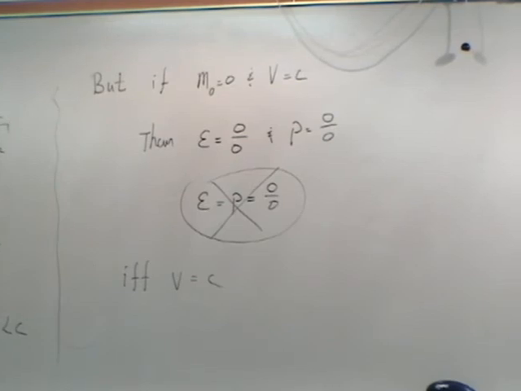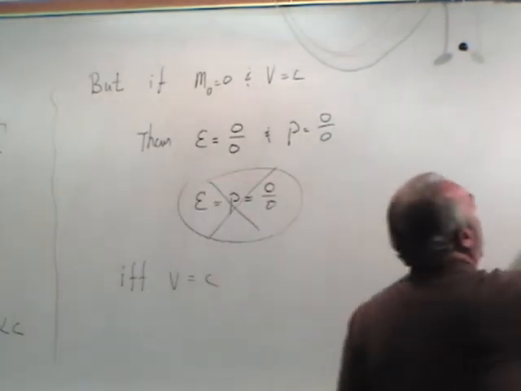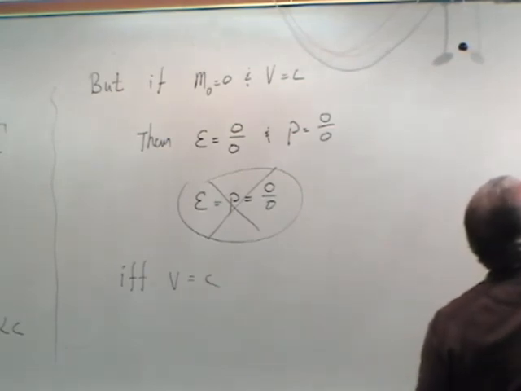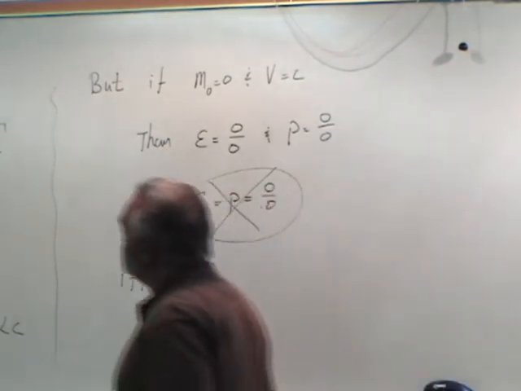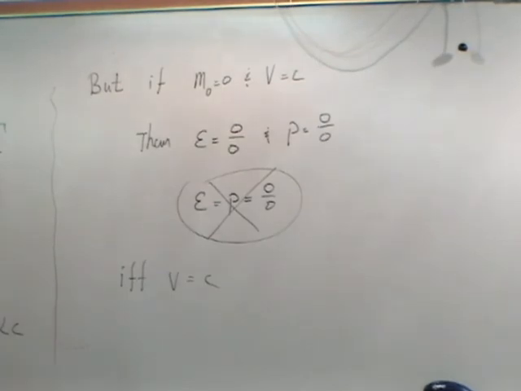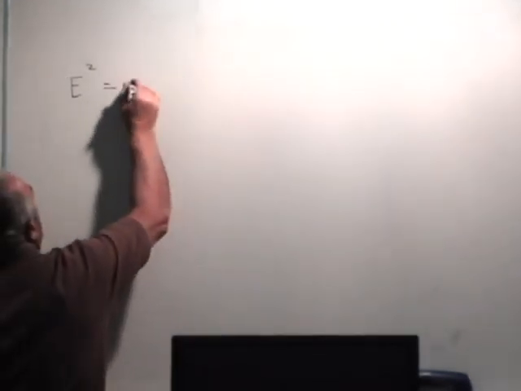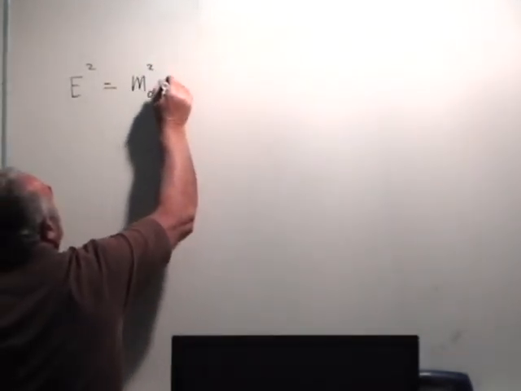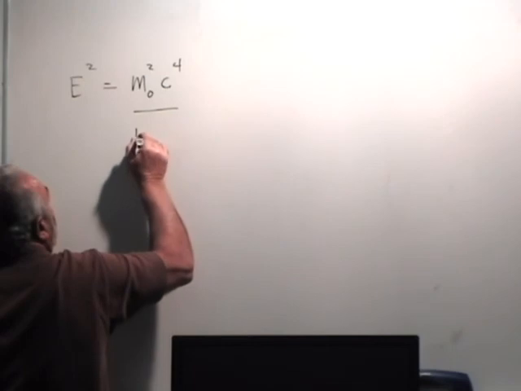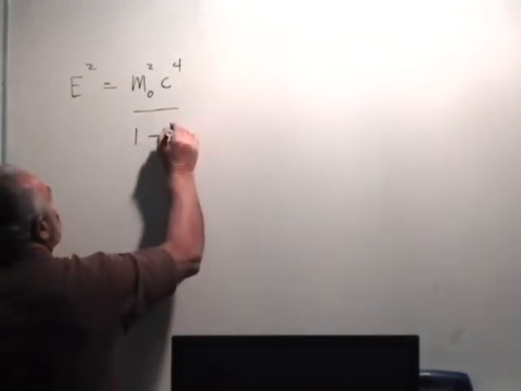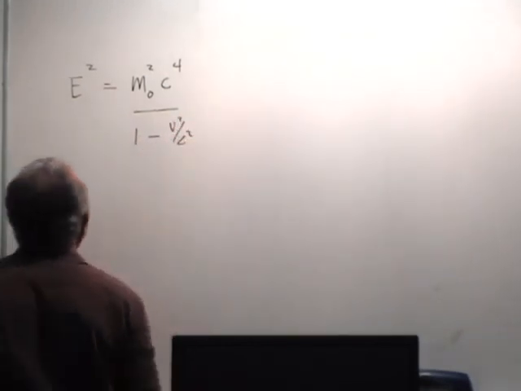Now, here's another interesting thing to notice. What happens with E squared? Well, E squared is just the square of this thing. It is, of course, equal to m naught squared c to the 4th over 1 minus v squared over c squared.